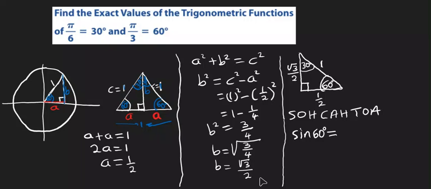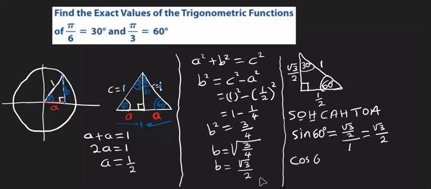In this case, it is the square root of 3 over 2 divided by 1, which will be simply the square root of 3 over 2.